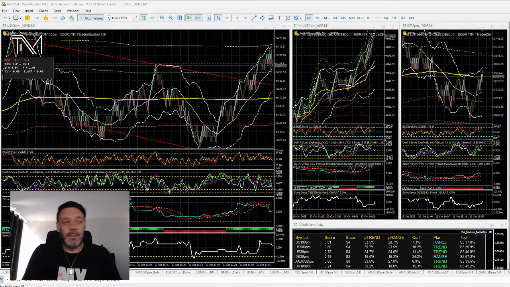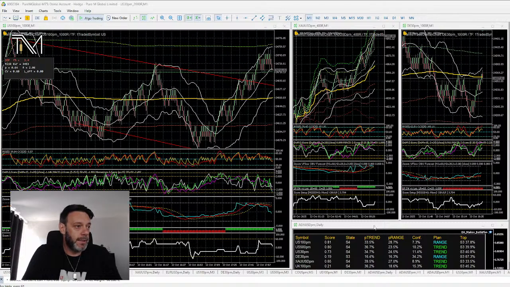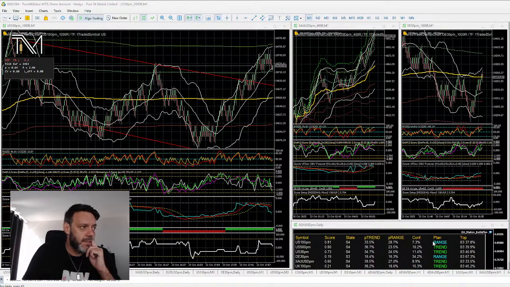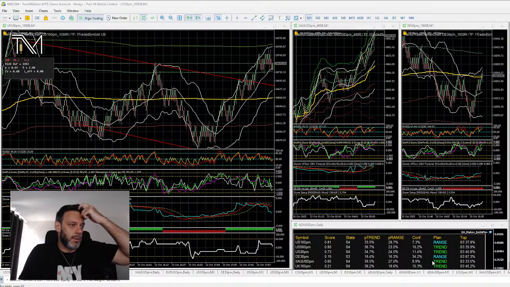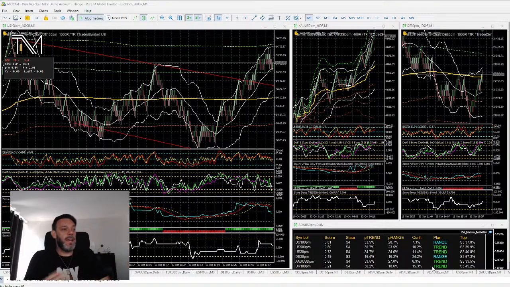Oh, I forgot to mention what this is. This is a Markov chain, and it's a forecast of what is expected to be the situation on the market today. We have range for Nasdaq and DAX. We have trend for US 500, Dow Jones, gold, and FTSE UK.